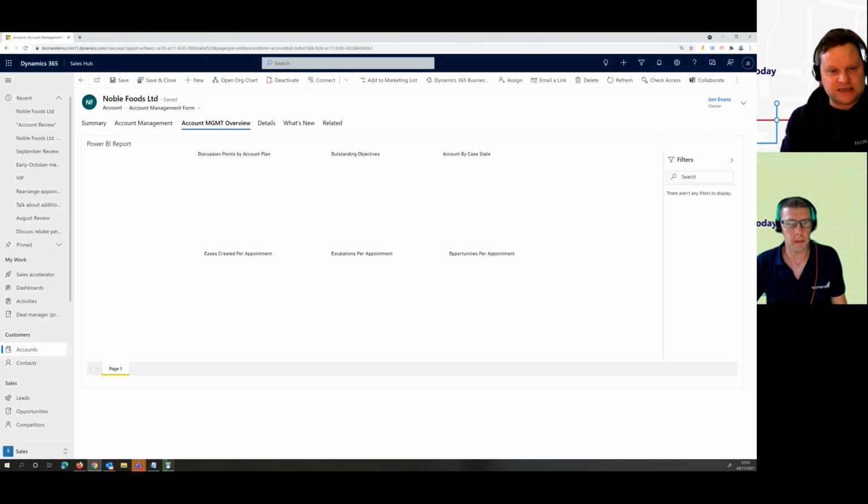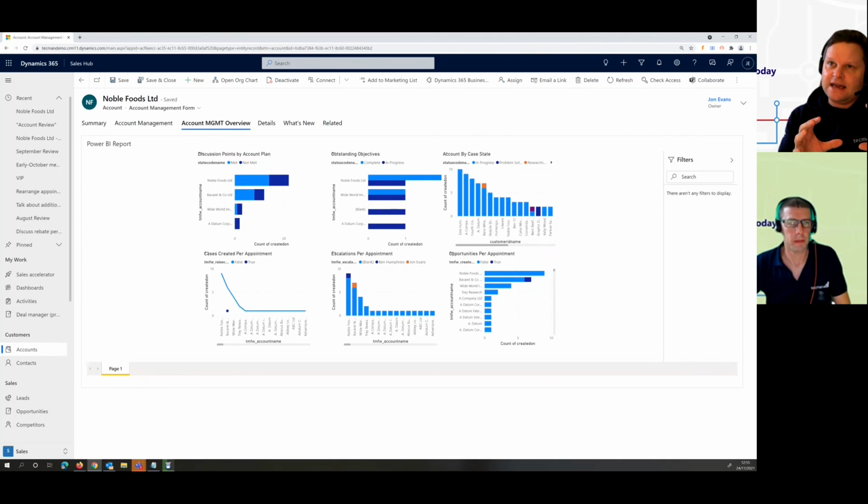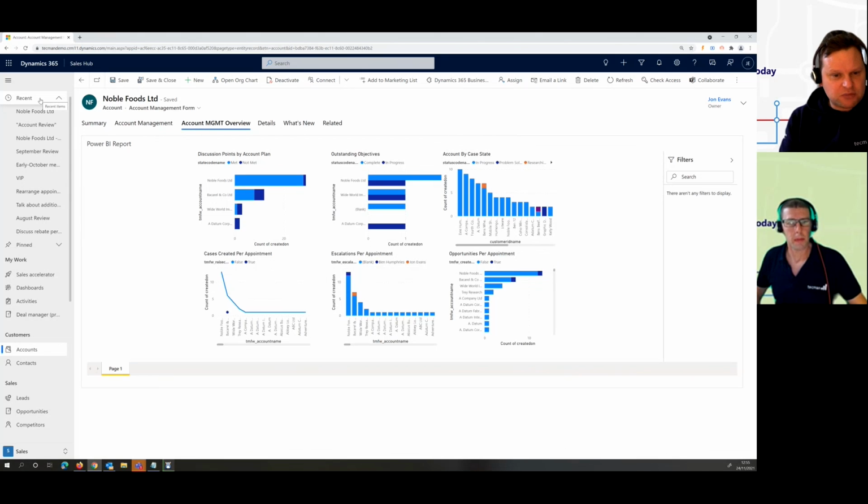This would allow us to look at the account management overview and see, based on the record we were looking at, how many discussion points were open against that account, how many outstanding objectives we had, how many cases had been raised against each appointment, how many escalations, and how many opportunities, if that's something we were using.